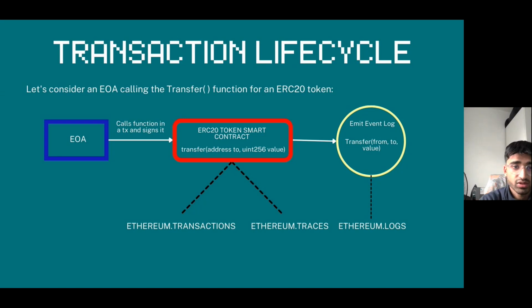Normally the function will look like transfer, and then you have the parameters inside, address to, and then the value. When the externally owned account calls that function, you'll have a transaction start, and you also have a function call, so a trace, because you've called the transfer function.